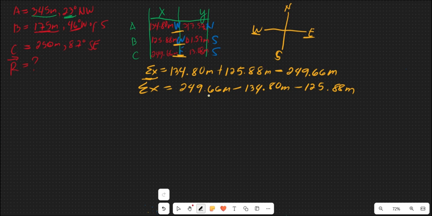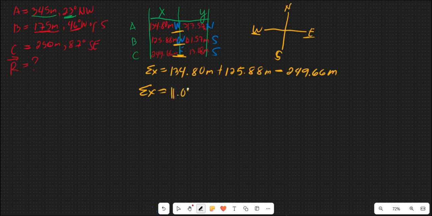But you can use either of these two equations. And now we have the summation of x equal to 11.02 meters. And when it comes to its direction, it should be going west since west has a greater magnitude than a vector going east.